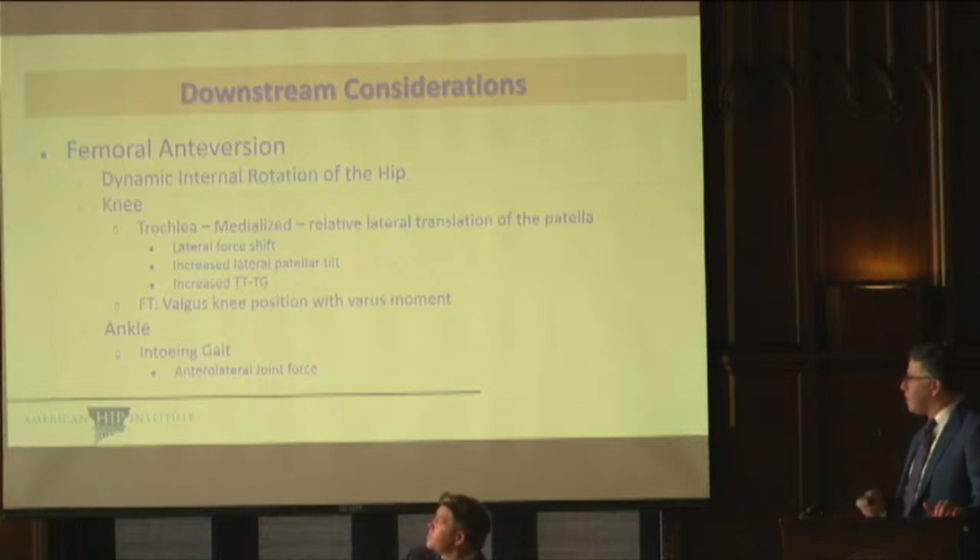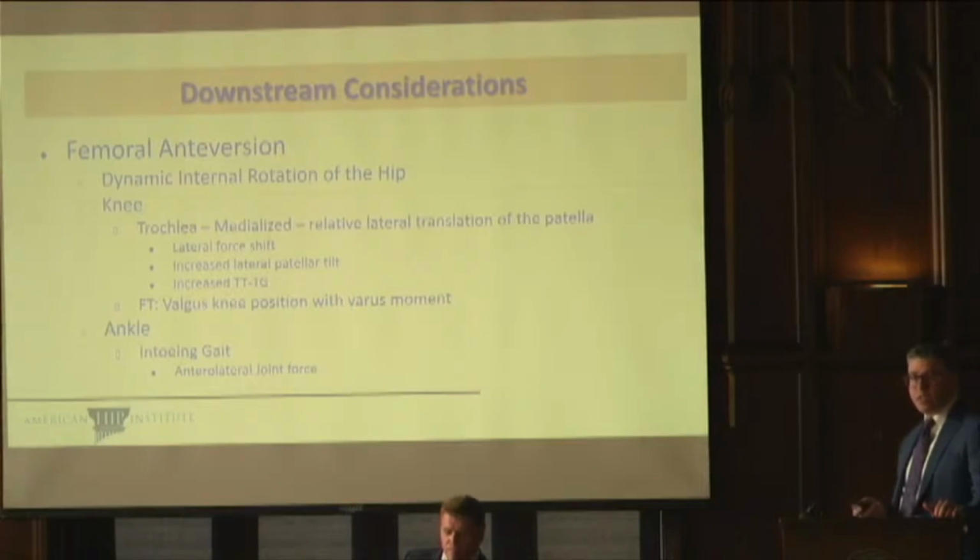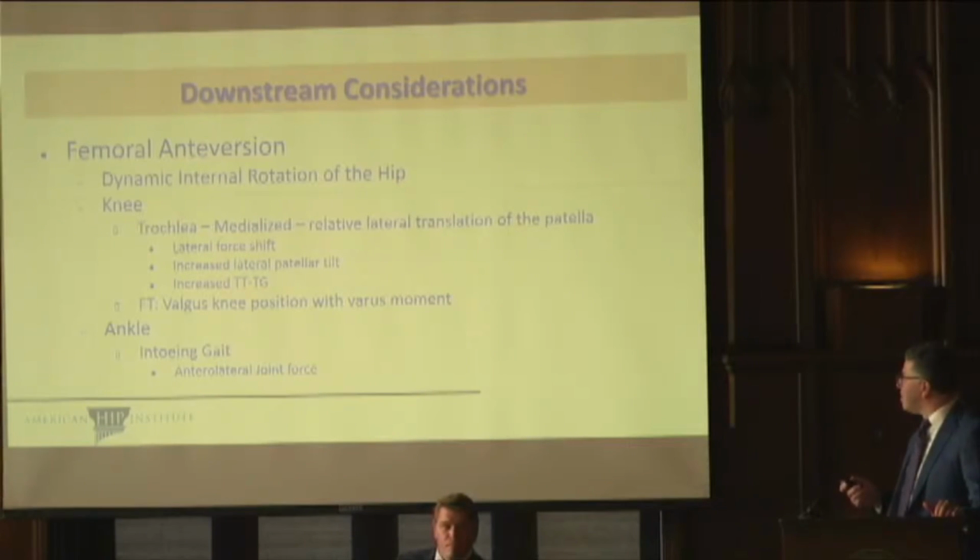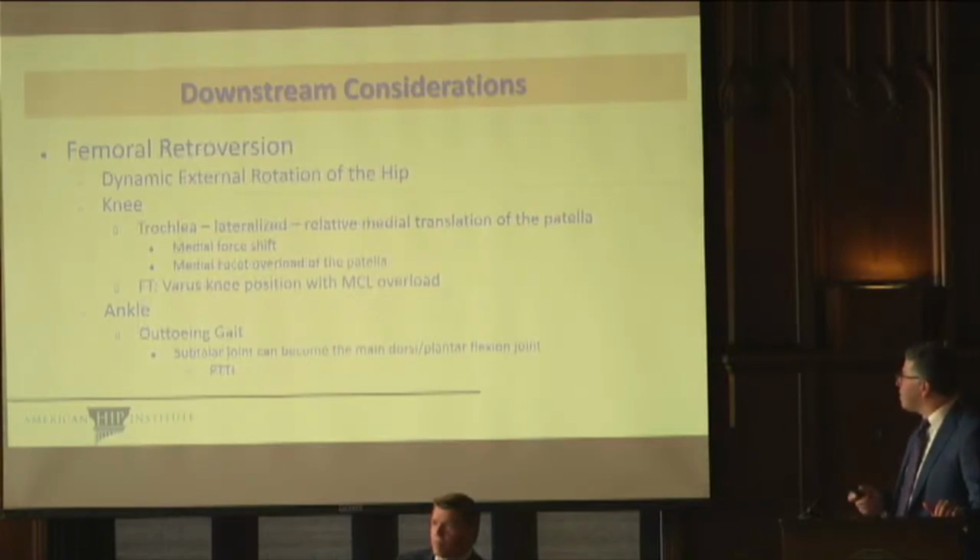With an ankle, in-toeing gait, with an anterolateral joint force across the ankle. But keep in mind there have been studies looking at foot progression angle in the setting of femoral anteversion, and while an in-toeing gait is positively predictive of femoral anteversion, a normal foot progression angle can also have femoral anteversion at a sometimes equally high rate.